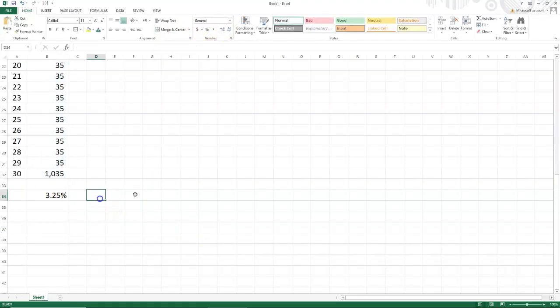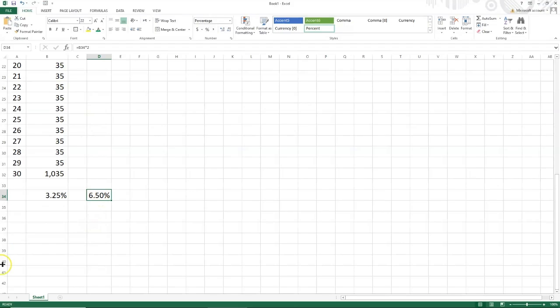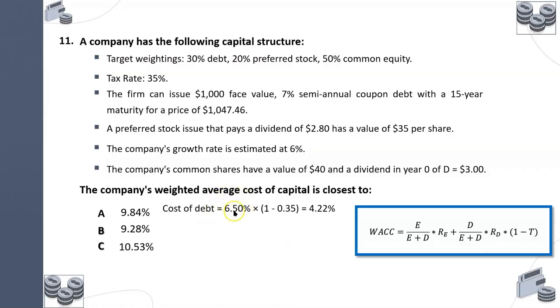So 3.25 times 2, because this is semi-annual, is 6.5%, which we have seen in the answer to the question. As we have just seen in the Excel sheet, it is 6.5%, which is the cost of debt.